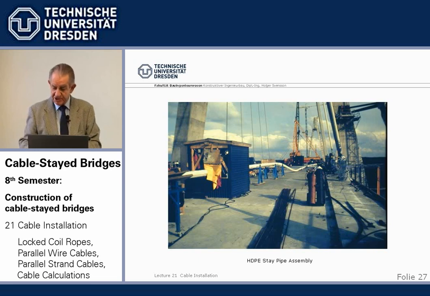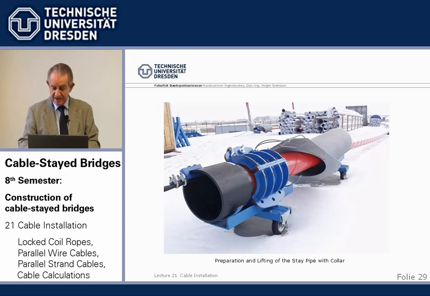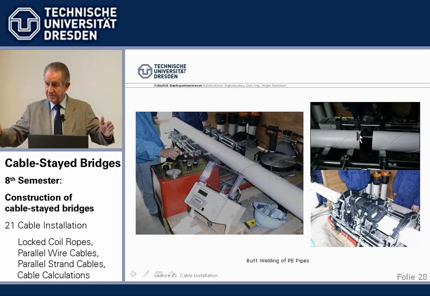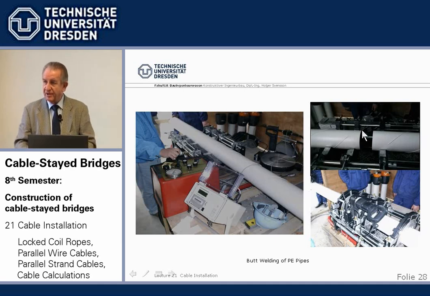It's arranged on site, and then here we see two ends of a PE pipe, and then we use butt welding or fusion welding, which means there is a hot disc inserted between, then the two pipes are pushed against the hot disc, they melt, the disc is taken out, and bang, they are pushed together.